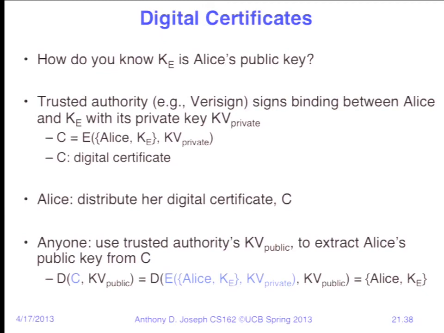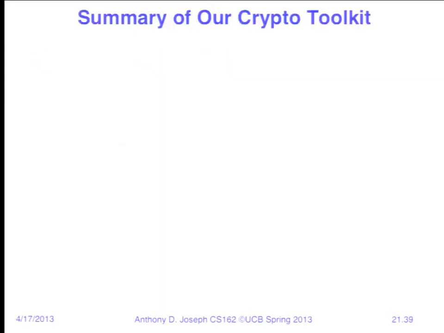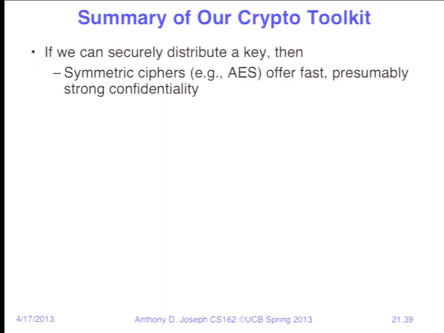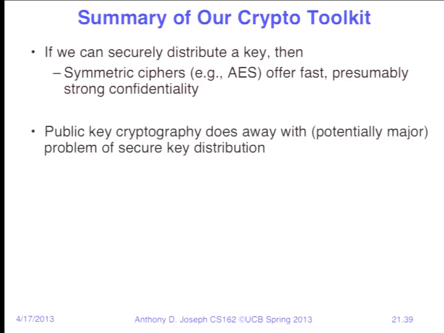All right? So this is our last basic building block. So what do we have now? If we can securely distribute a key between two parties, we can use a symmetric cipher, like the Advanced Encryption Standard. And that gives us fast and, to the best of our knowledge, strong confidentiality. Public key cryptography is what we can use when we can't distribute a key easily.